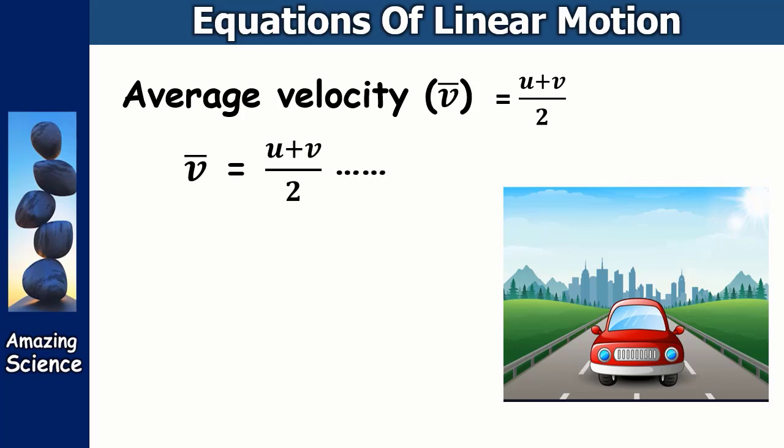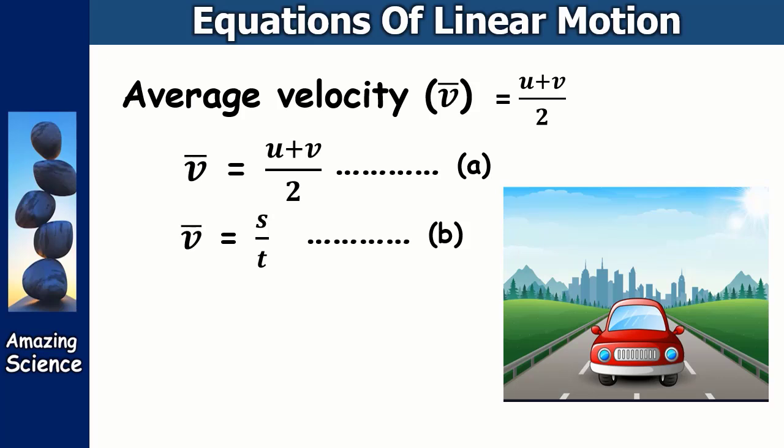Let's call this equation A. Also, average velocity can be expressed as total displacement s divided by the total time taken t. So mathematically, average velocity v bar is equal to s over t. Let's call this equation B.